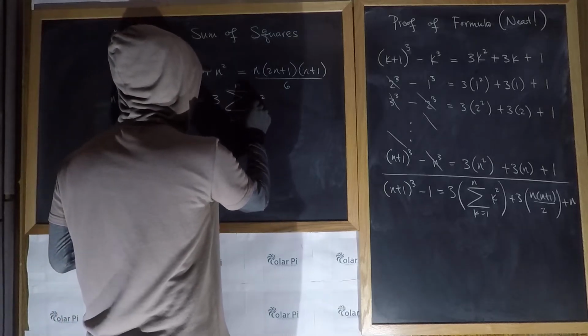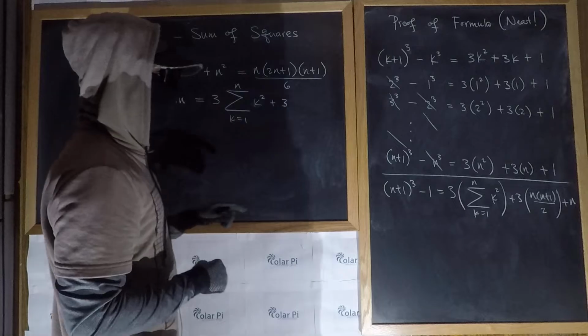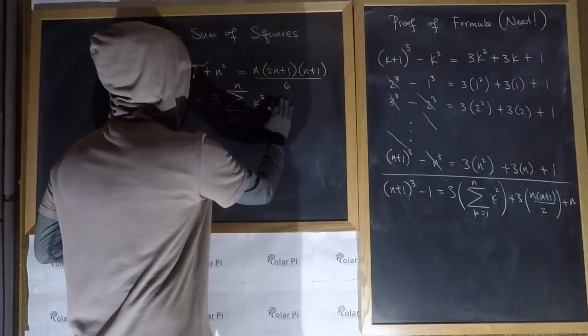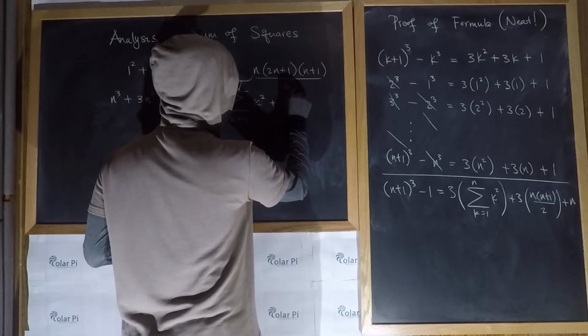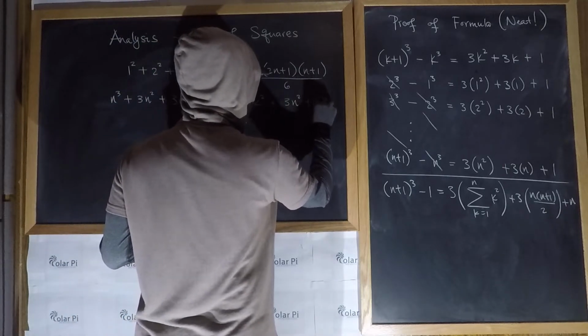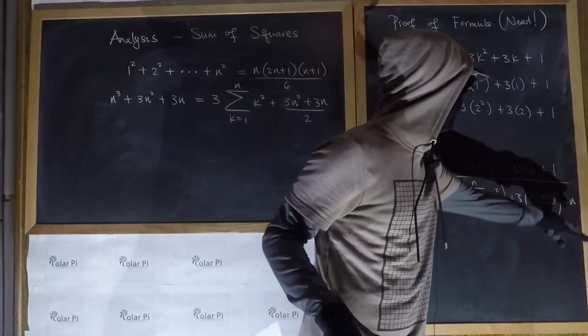And then k. And then plus 3 times, well, let's do this. It's 3 times n plus 1, and it's divided by 2, but yeah, that's 3n squared plus 3n, all divided by 2. And then we have this plus n at the end.